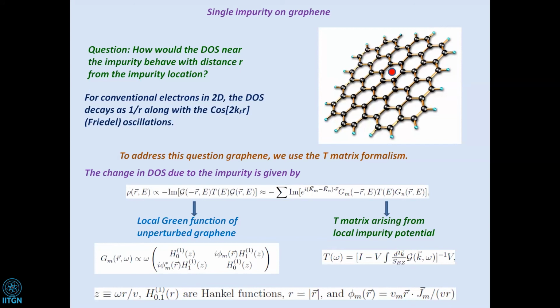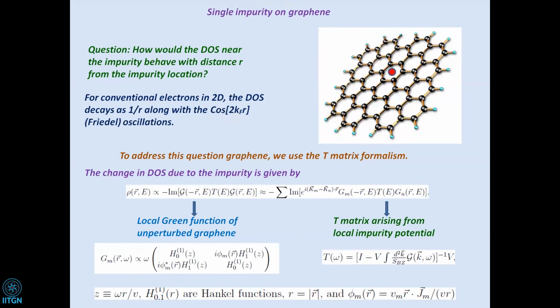Now, if you look at this density of states as a function of position from the impurity, what Friedel and Nozieres showed is that it has an oscillatory part which depends on cos 2kF r, kF being the Fermi momentum. Okay, so it oscillates with a characteristic wave vector which is 2kF, and that's because in a typical Fermi surface, this impurity scatters the electron from one point of the Fermi momentum to another.